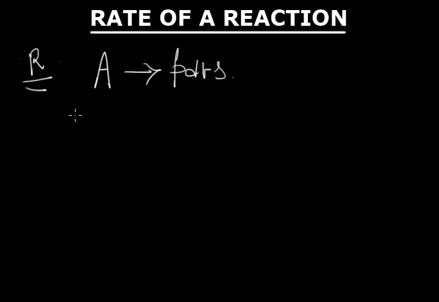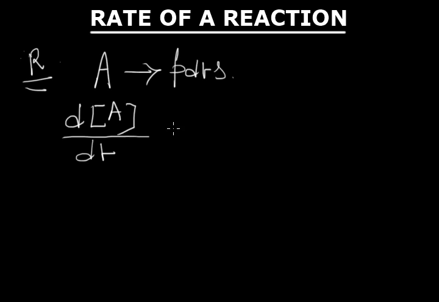For this reaction, the rate of the reaction is denoted by change in molar concentration of A in dt seconds. That is, the change in concentration of the reactant per unit time is called the rate of the reaction.